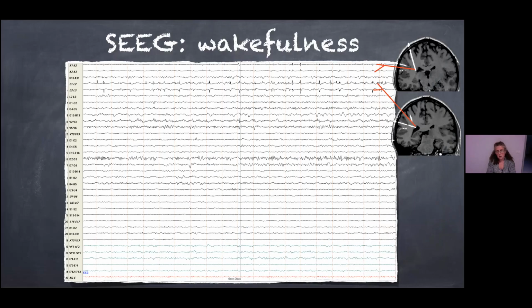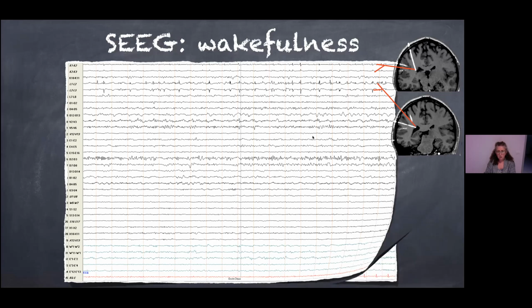This is the trace coming directly from the nodule itself and the surrounding cortex. We can see during wakefulness the typical activity of the nodule, with this disruption of the normal activity of the brain, and sometimes asynchronous with the other regions of the cortex.